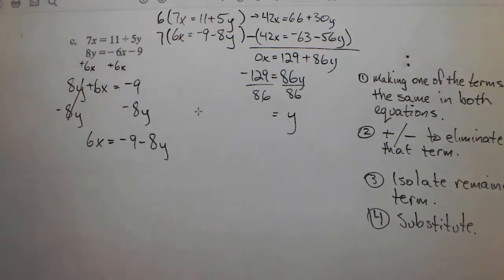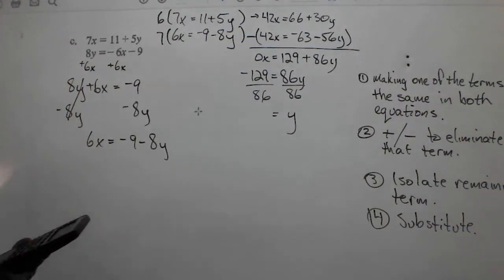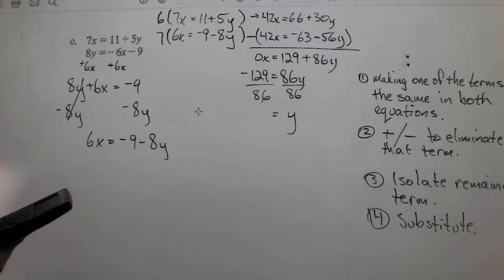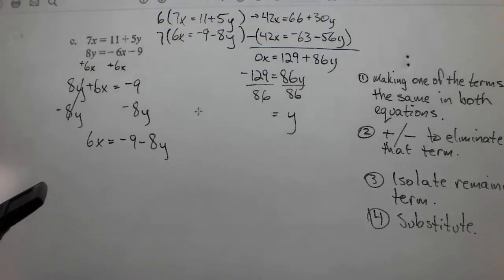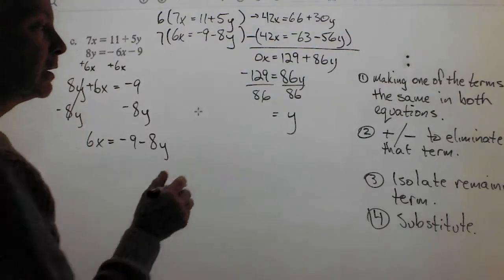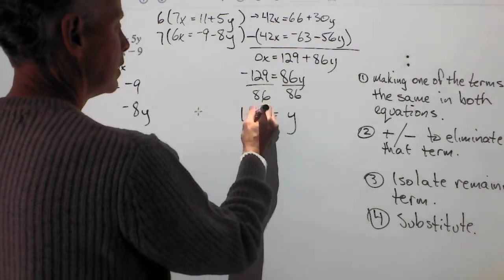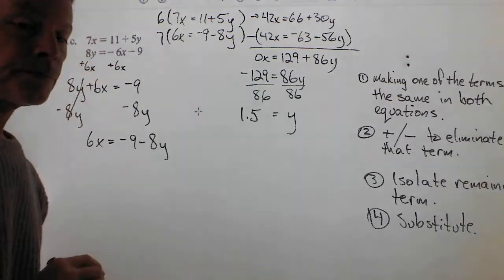I'm going to get my calculator because that is too large a number to simplify for Monday morning. So, give me a second. And it simplifies actually quite nicely to 1.5.